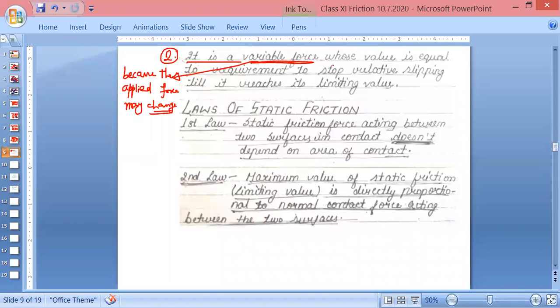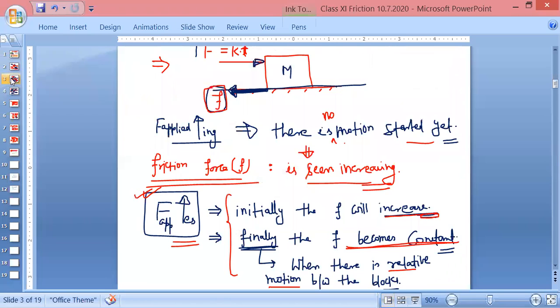It is a variable force whose value or magnitude is equivalent to what is needed to stop relative slipping, till it reaches its limiting value. If you remember the graph, I have shown a point, the limiting value. What is that limiting value?